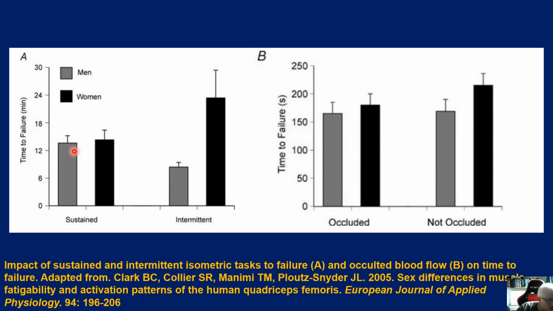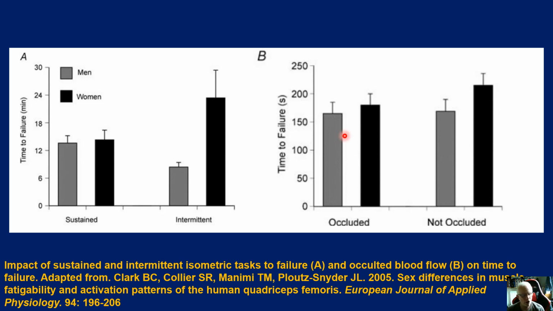When they do a sustained isometric task, there is a direct effect when you compare males to females on the time to fatigue. So males and females, fairly similar responses. But now look at the effect when we occlude.